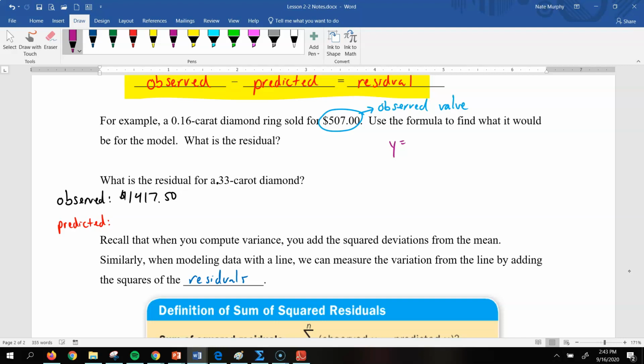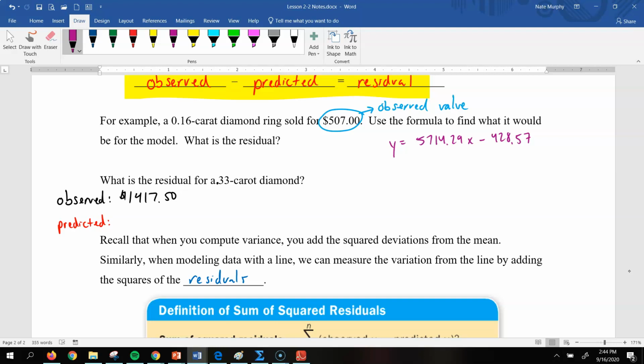So let me just rewrite that equation. We had y equals $5,714.29 times x minus $428.57. Okay, so that's the equation that we came up with first. They're asking, what would be the residual for a 0.16 carat diamond ring?